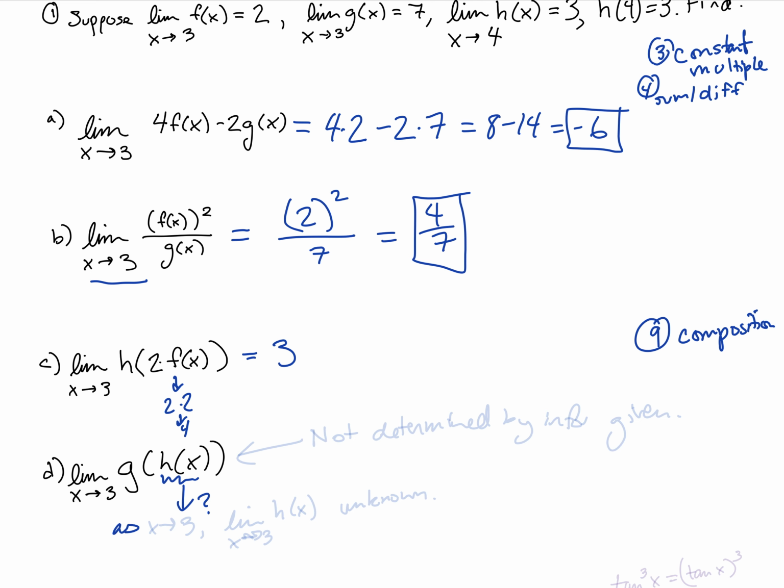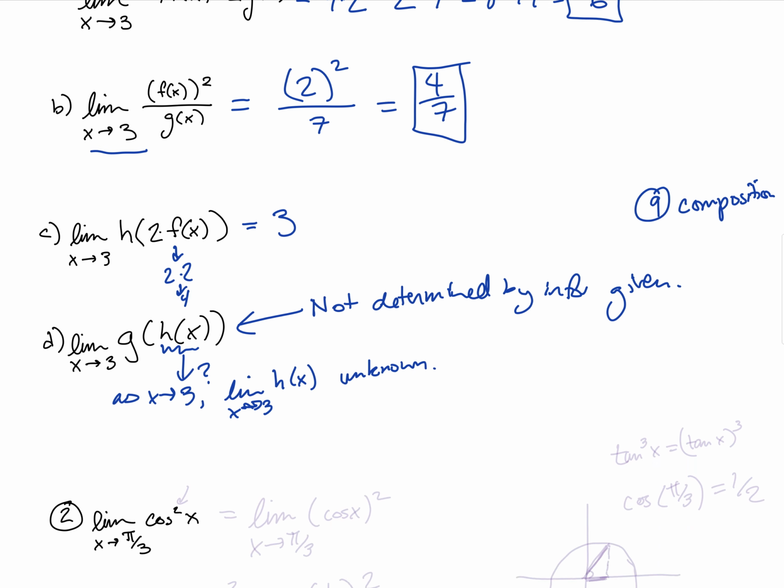And as x approaches 3, the limit of h of x is unknown. So from the information that we have, this limit is not determined by the info given.